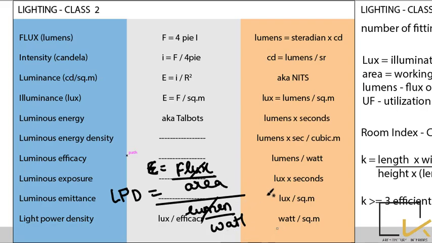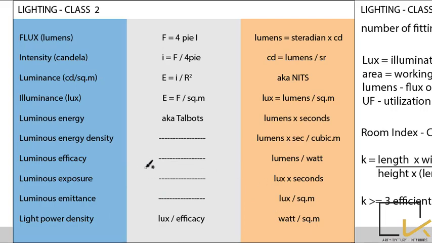So this is nothing but watt upon area. You understood the derivation, no? LPD is lux upon efficiency, that is watt per meter square. So these are the various terms that are associated with lighting. These are very, very important terms, so you need to remember this units section.